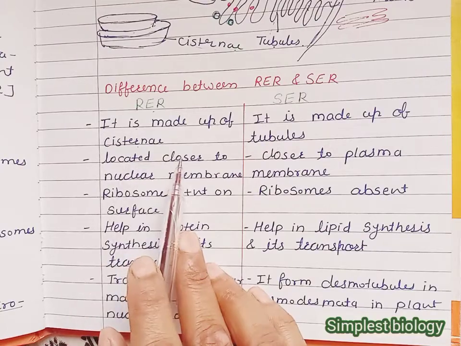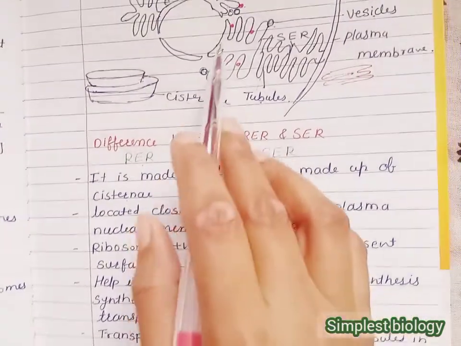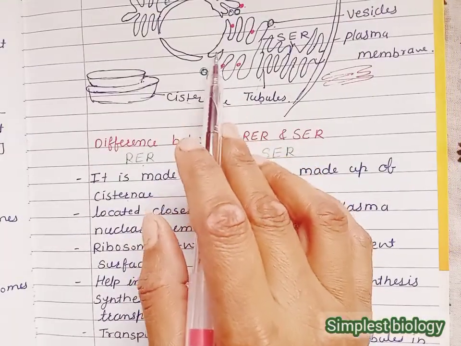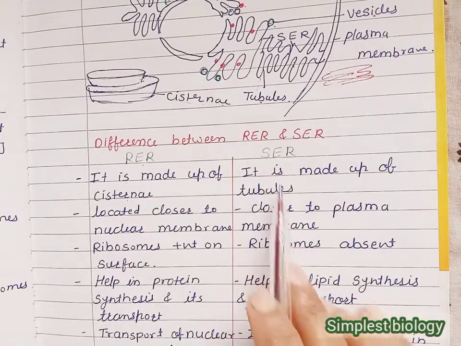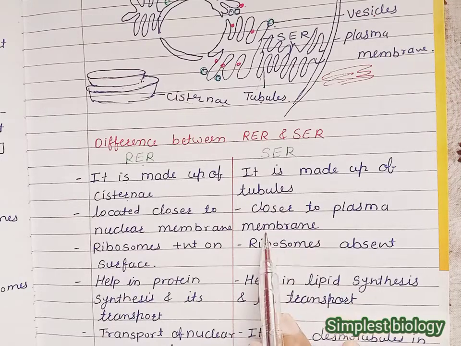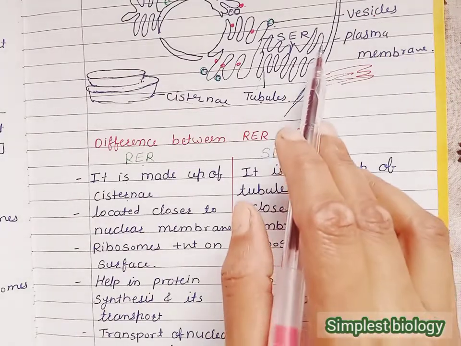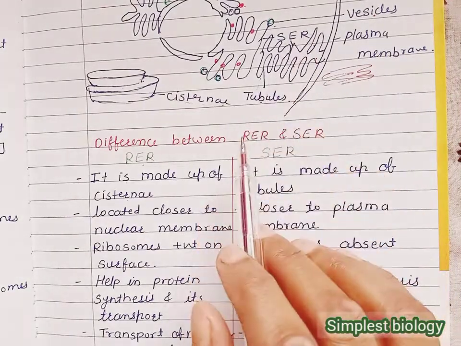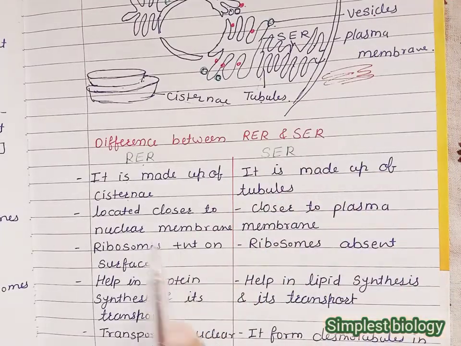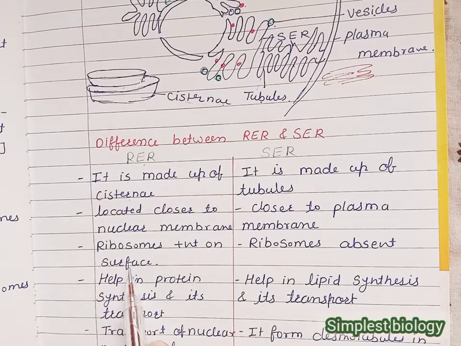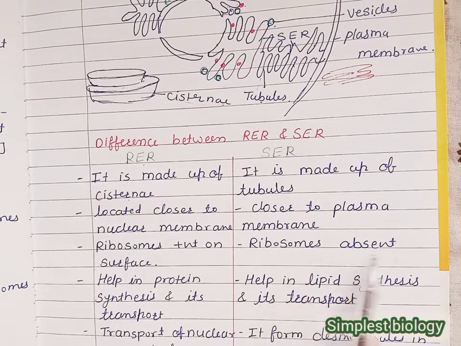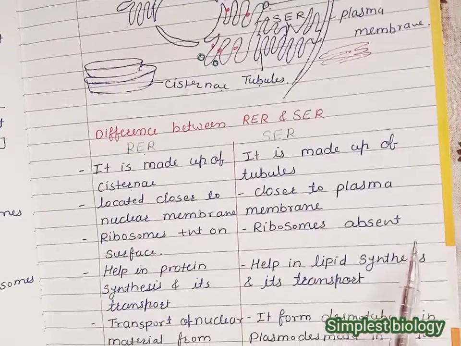Rough endoplasmic reticulum is located closer to the nuclear membrane, originating from the outer wall of the nuclear membrane, while smooth endoplasmic reticulum is attached to or closer to the plasma membrane. Ribosomes are present on the surface of rough endoplasmic reticulum, while they are absent on the surface of smooth endoplasmic reticulum.